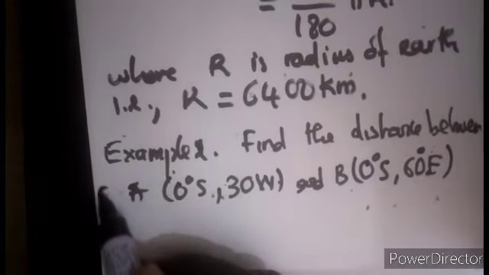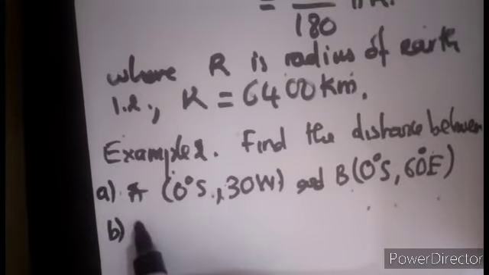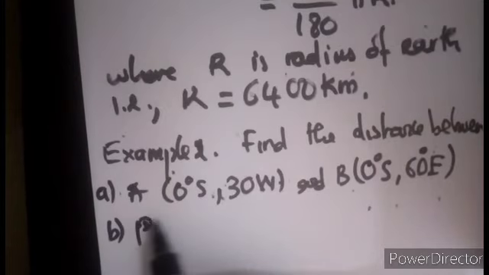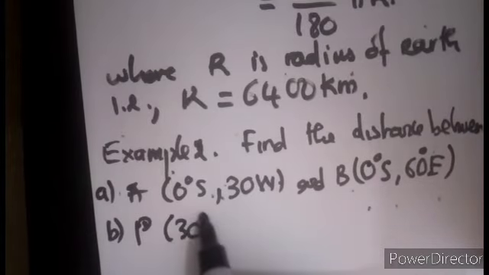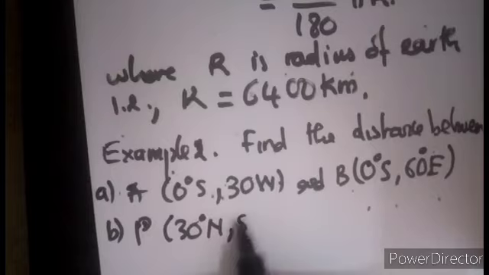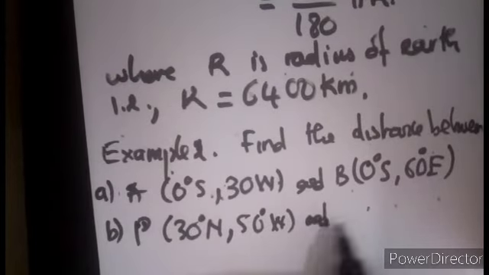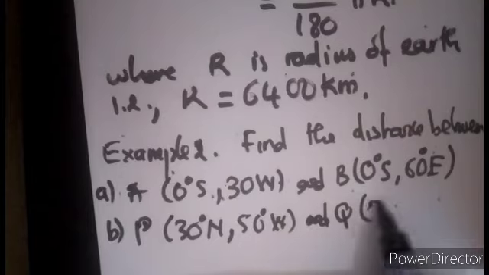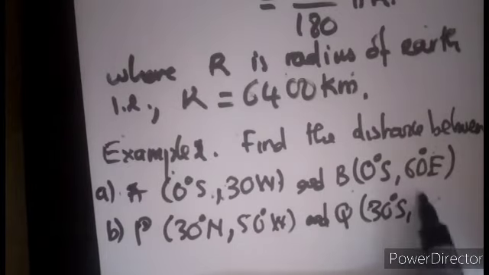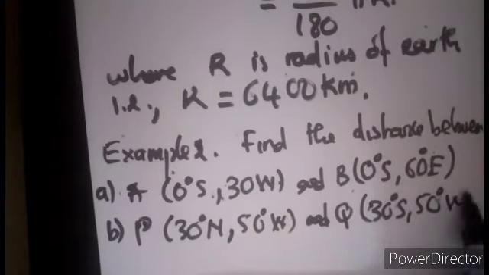That's the first pair. The second pair is P, which is 30 degrees north, 50 degrees west, and Q, which is 30 degrees south, 50 degrees west. We need to find the distance between them.